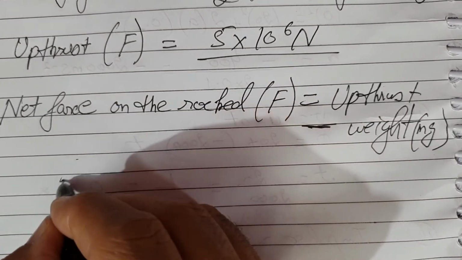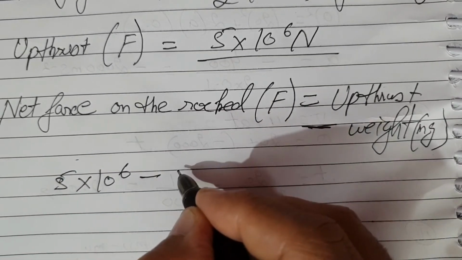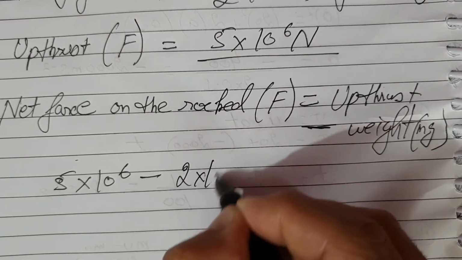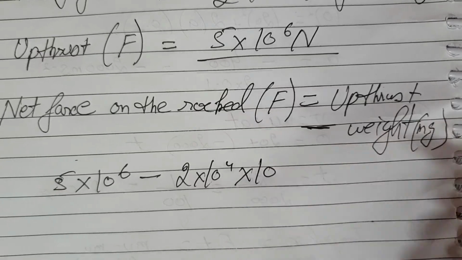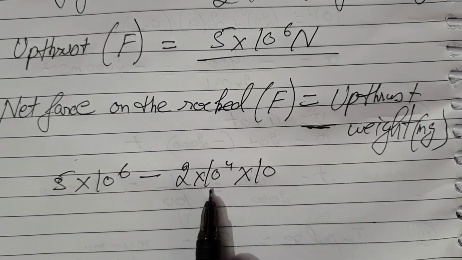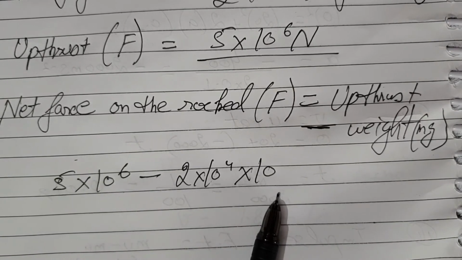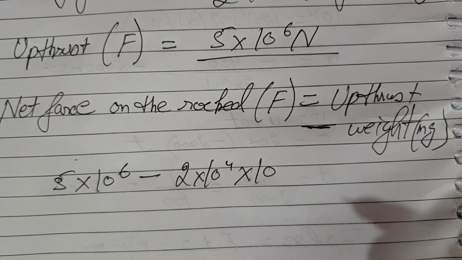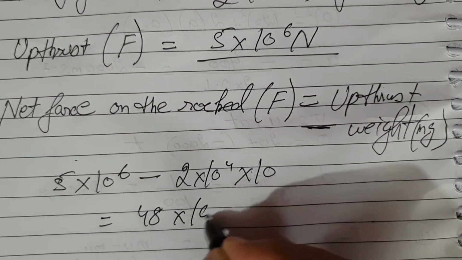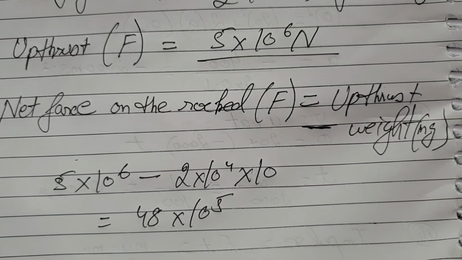Upthrust was 5 × 10⁶ minus weight of the rocket, which is m × g. m is 2 × 10⁴ into 10, taking g as 10. Okay, so this is 2 × 10⁵, and this is 5 × 10⁶. Basically, when you solve it, you will get this as 48 × 10⁵. So this is the total force in the upward direction.